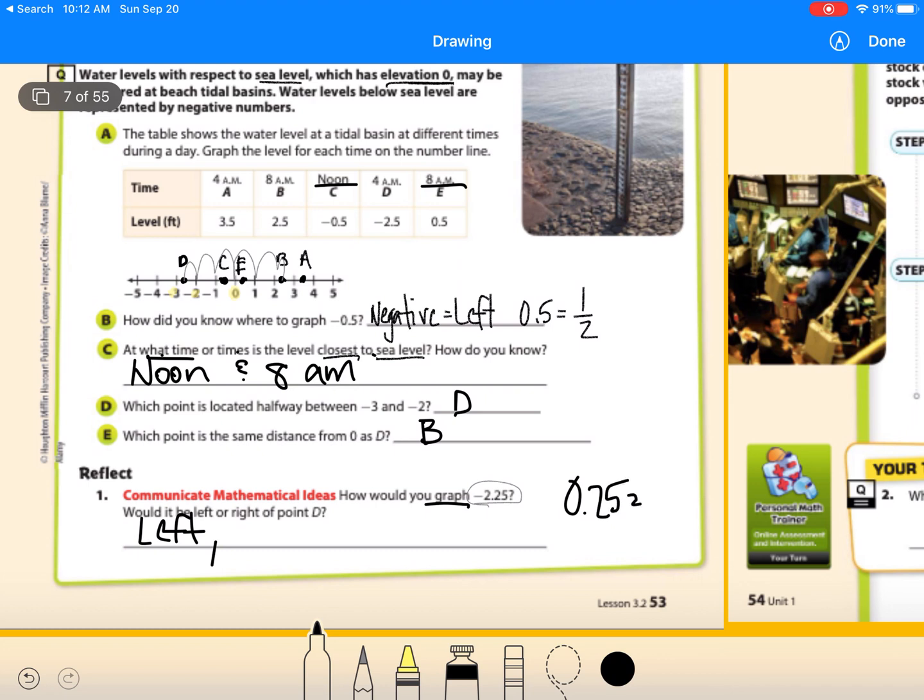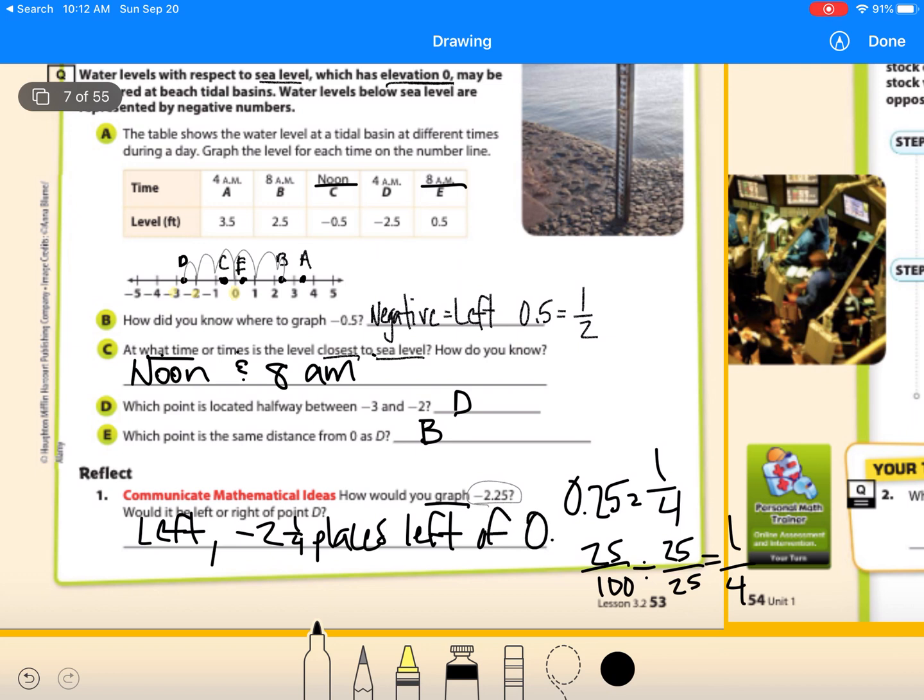0.25 is the same fraction as 1/4 because it equals 25 over 100 when you graph it as a decimal, and that can be simplified all the way down by dividing the top and the bottom by 25. 25 divided by 25 is 1, and 100 divided by 25 is 4. So it would be negative 2 1/4 places left of 0.